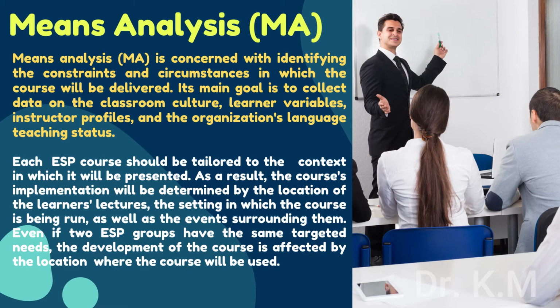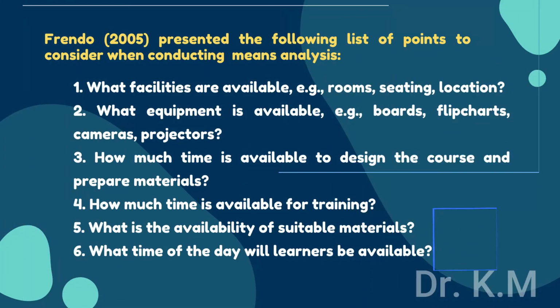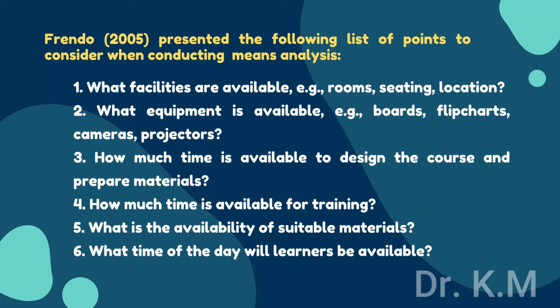Even if two ESP groups have the same targeted needs, the development of the course is affected by the location where the course will be used. Friendo, 2005, presented the following list of points to consider when conducting means analysis. 1. What facilities are available, for example, rooms, seating, location? 2.